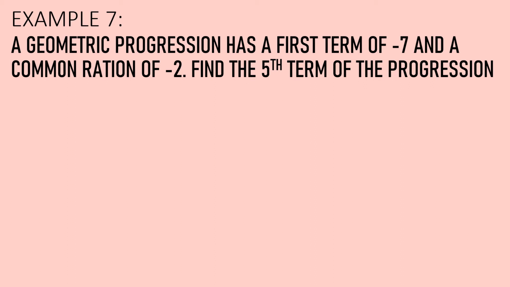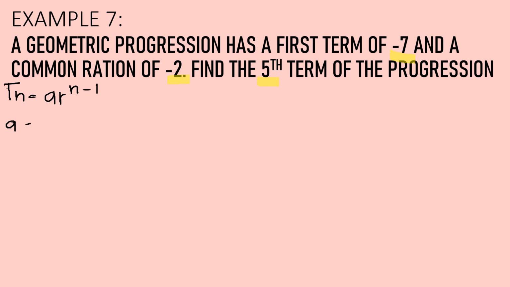a sequence has a first term of negative 7, common ratio negative 2. Find the fifth term. Okay, so the formula is Tn equals A R power of n minus 1. We have to find the fifth term.